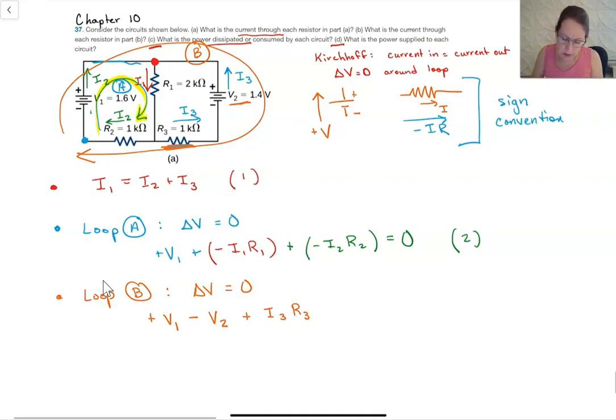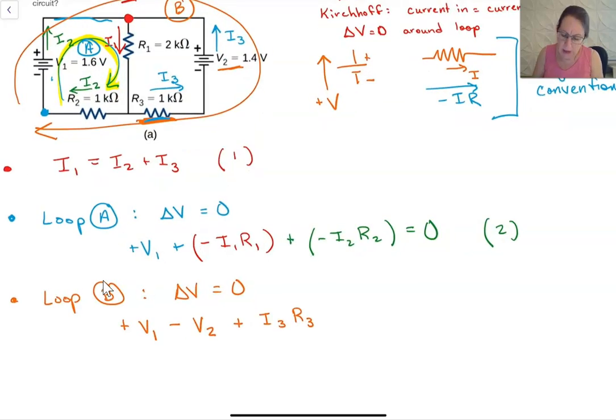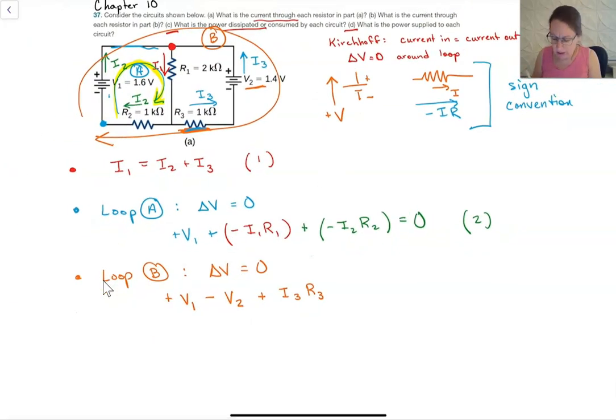So that's plus I3 R3, and then finally I've got this last resistor. Again, I'm going in the same direction that I had before, minus I2 R2 is equal to 0. This is equation 3.